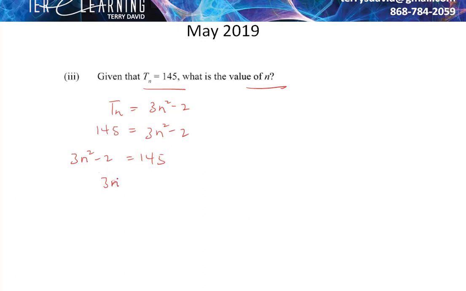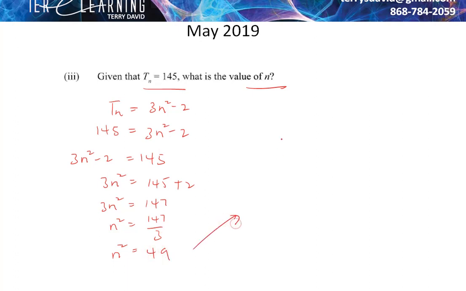Therefore, 3n squared is equal to 145 plus 2. So 3n squared is equal to 147. So n squared is equal to 147 over 3. n squared is equal to, that's 49.